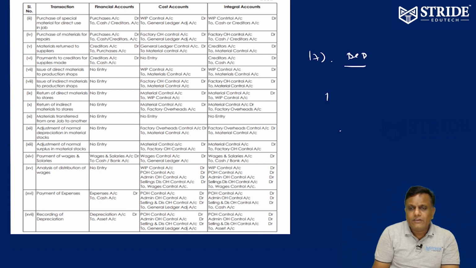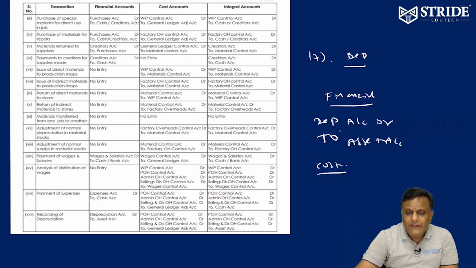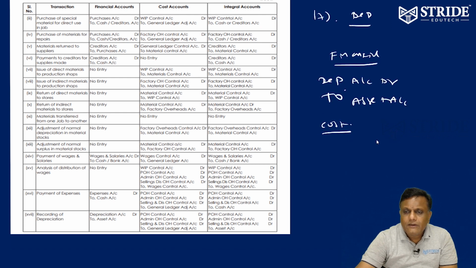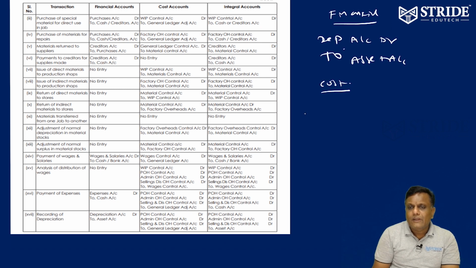Right. In financial books, the entry is depreciation account debit to asset account, that we know. But in cost books, there is depreciation related to factory machine, depreciation related to office and admin, and depreciation related to selling and distribution machine, right?